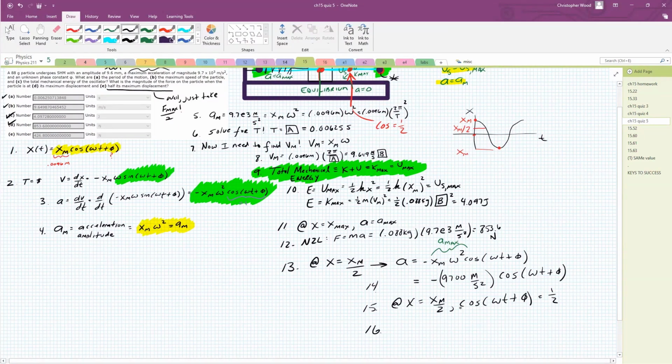So therefore, number 14 again, A equals negative 9,700 meters per second squared times 1/2.